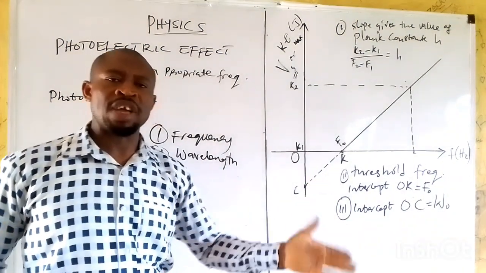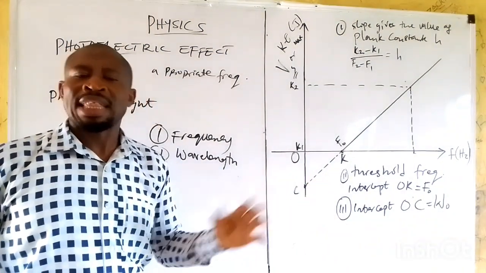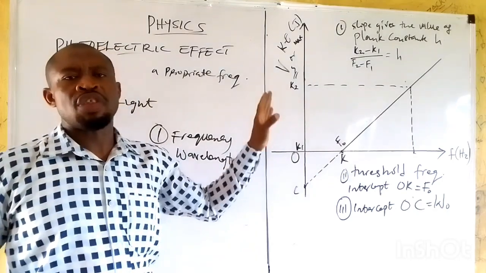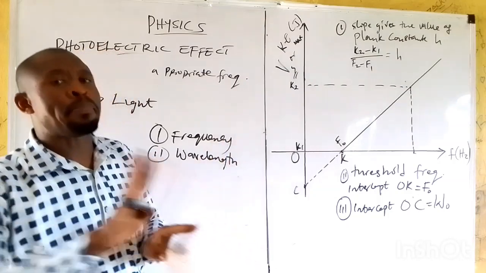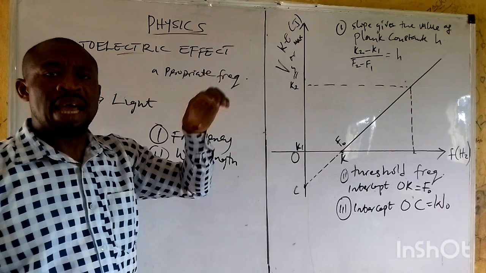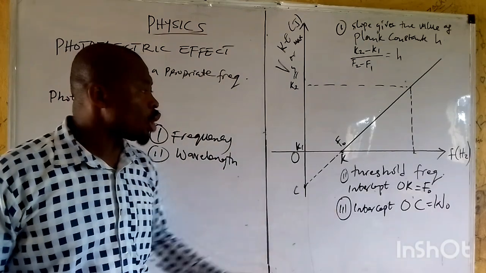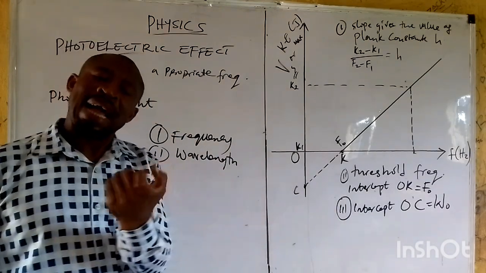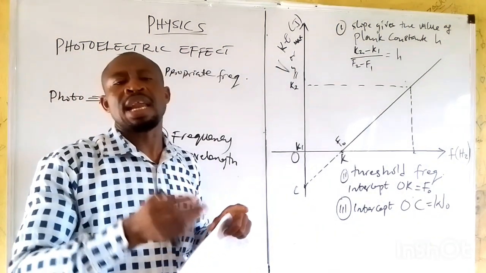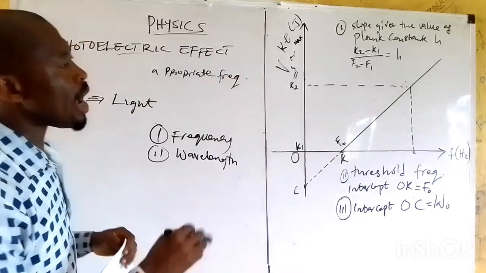The work function's duty there is to knock off the electron. If it knocks off the electron, the remaining part of that incident energy will give that liberated electron kinetic energy of half mv squared.